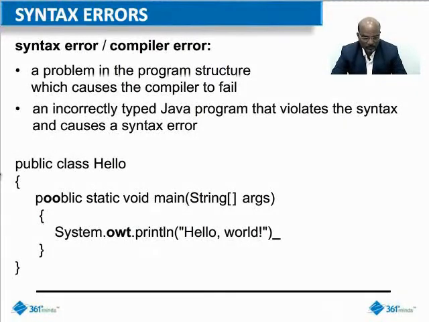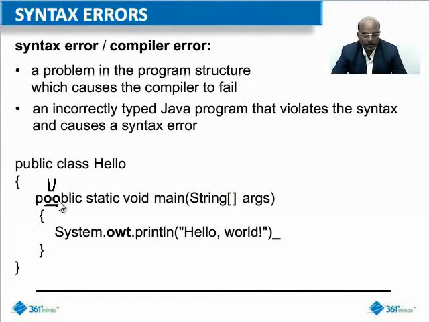In this example, the public class hello program, you can see that the main method has been started wrongly, with public being written incorrectly, which is wrong. So when the compiler sees this kind of a word, it will get confused and it will simply throw an error and say, boss, I'm not able to understand what you're saying.